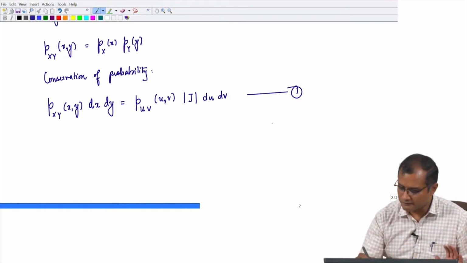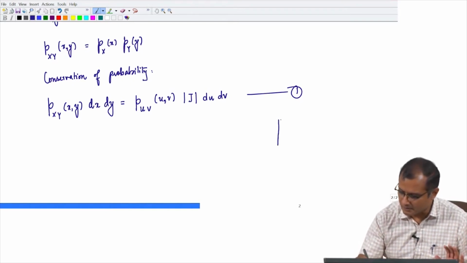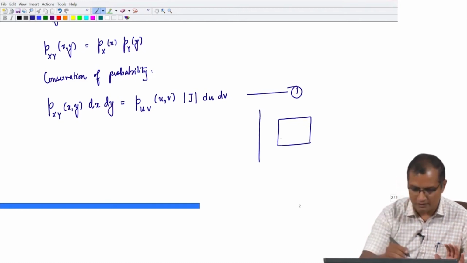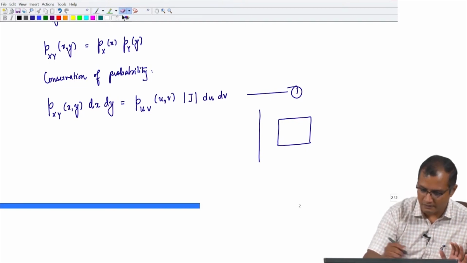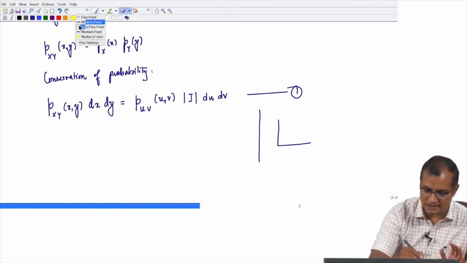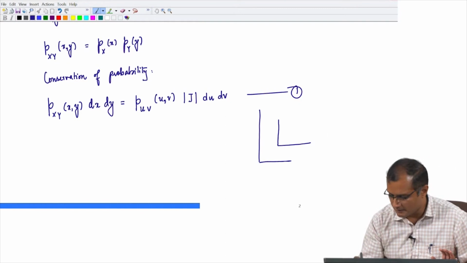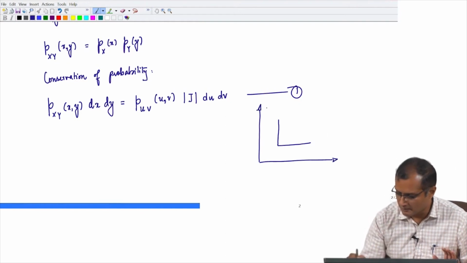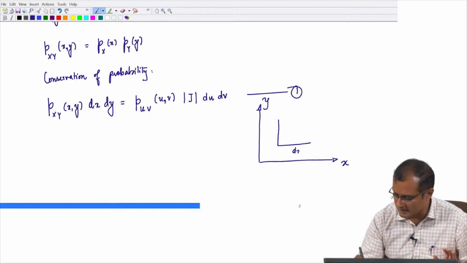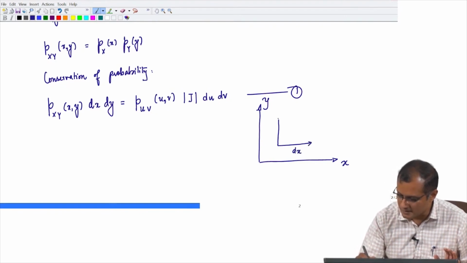So, you can think of some simple x, y coordinate system wherein you consider two displacements dx and dy. Okay, so, this is displacement x and that is displacement y.